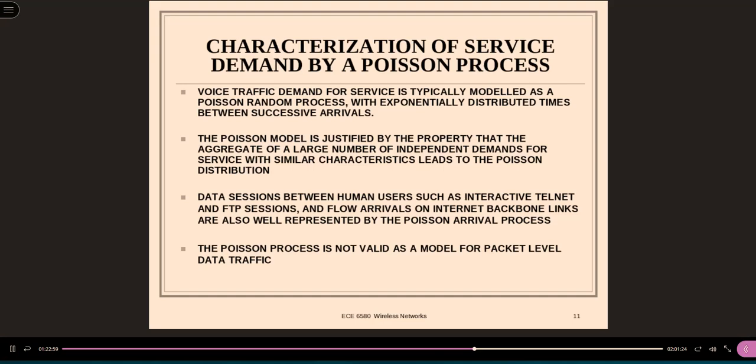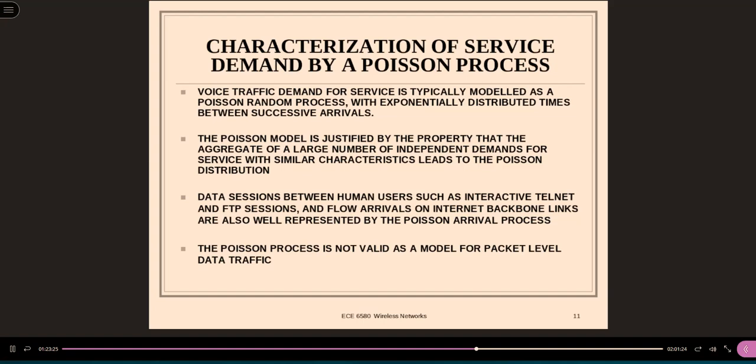So we have, in effect, the sum of a large number of independent demands for service with similar characteristics. Phone calls tend to have the same kind of characteristic in terms of statistical distribution of duration of the call. So you can show that if you add up such a large number of independent demands for service, it actually comes up with a Poisson model.